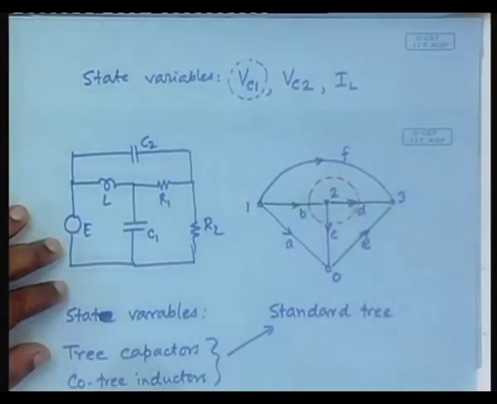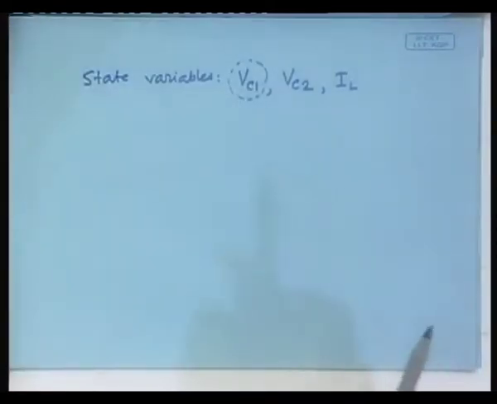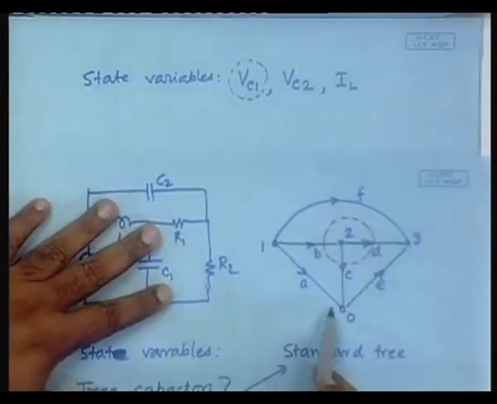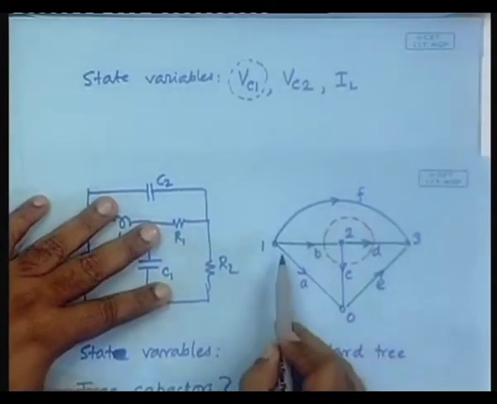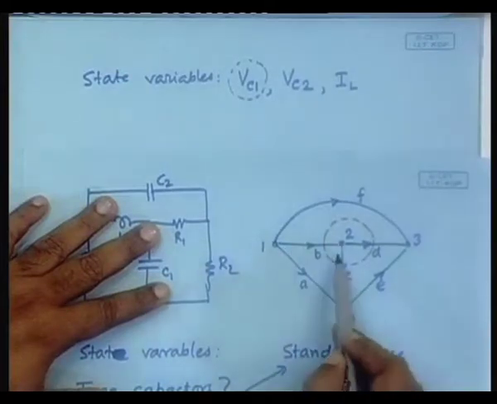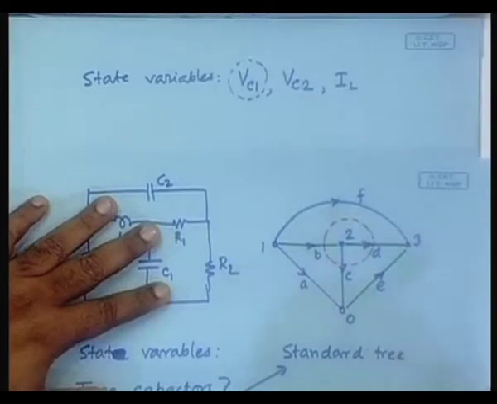Here, that is the basic cut set. Immediately we can write down the KCL equation as, let me display it here and write it. It is, notice the arrows, IB minus IC minus ID equal to 0, right.